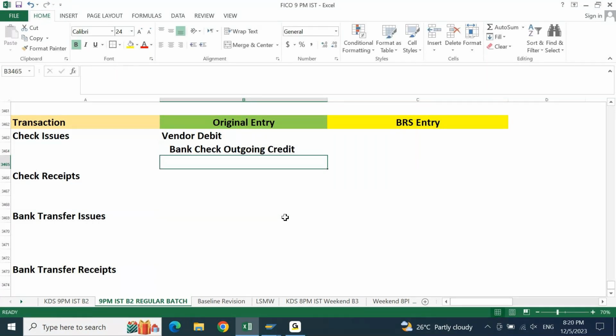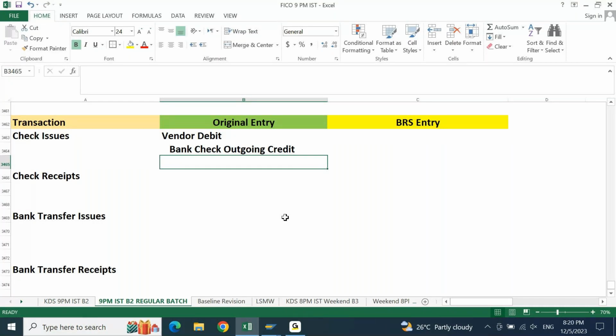This is the accounting entry that we will be writing in any organization whenever they are processing any check payment. Vendor account will be debited because debit the receiver, vendor is receiving the payment. Credit what goes out, your bank payment is going out. Bank check outgoing GL account, we are going to put it on the credit side. This is your original entry.